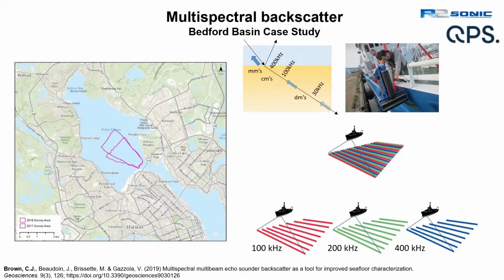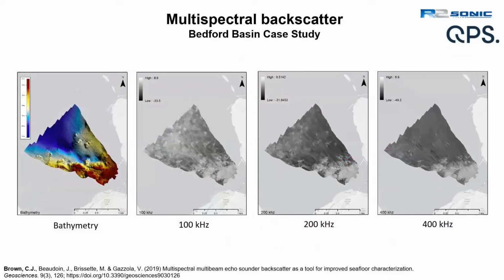And we chose a site inside the Bedford Basin. We knew this was an interesting site in terms of the seafloor, pretty complex, but a good place just to test out and look at some of the differences between these frequency bands. This is what we see. The Bedford Basin, there's a sill, drops down to about 70 meters.